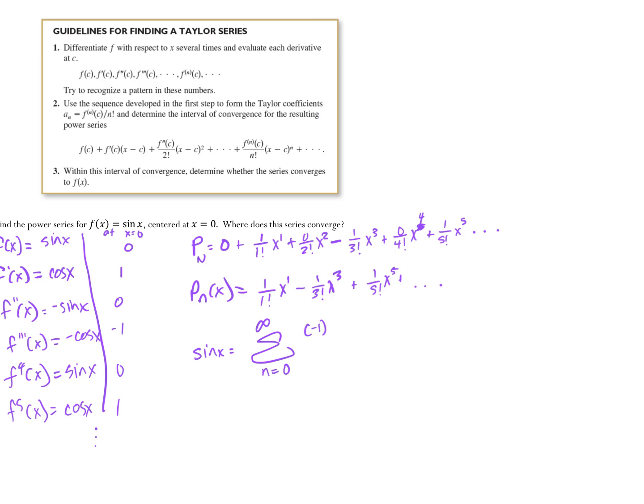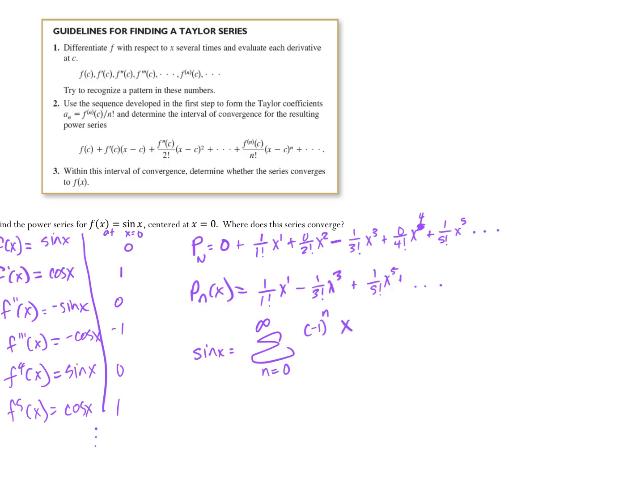So I've got to decide, am I doing negative 1 to the n, or negative 1 to the n plus 1? Is everybody good as to why we have to do that? If I'm starting at n equals 0, and my first term is positive, what exponent should I put here? N or n plus 1? Which one will be positive? N, because then I'm starting at 0. Is everybody okay? All right.